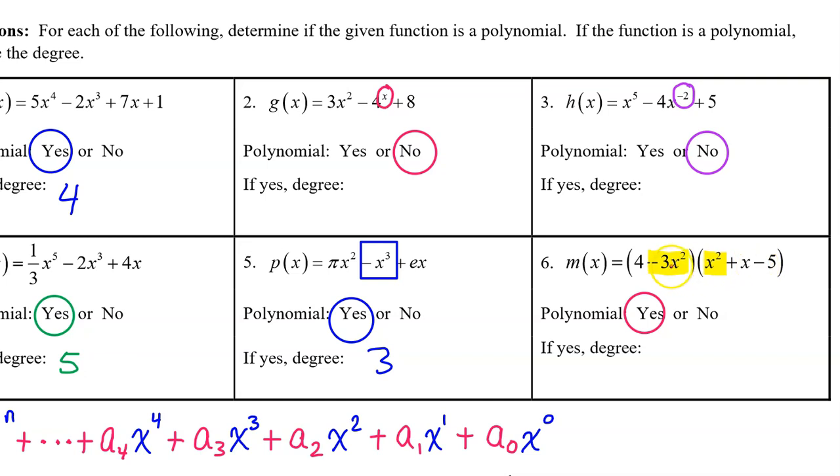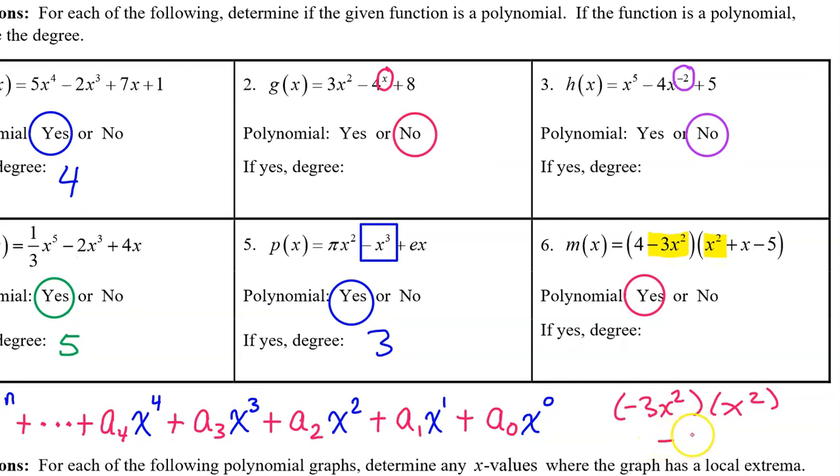By focusing on the leading term of each factor, in other words, I can find the leading term by multiplying negative 3x squared times x squared. That is going to give me negative 3x to the 4th power as the leading term of m of x. Therefore, the degree is 4.